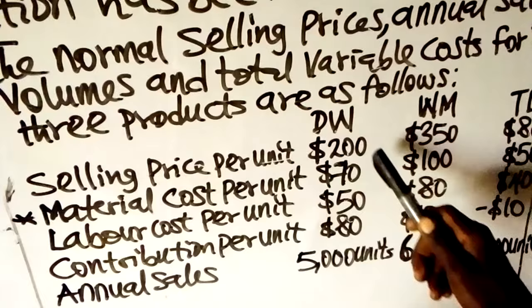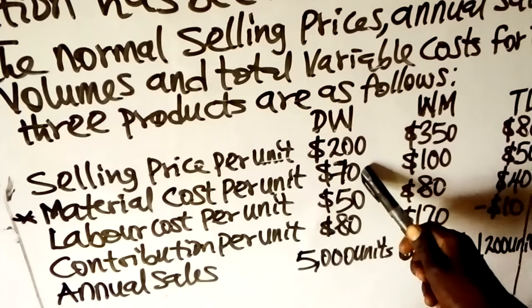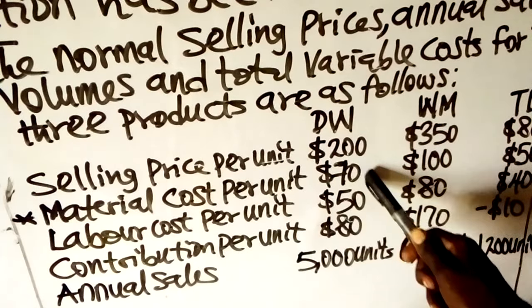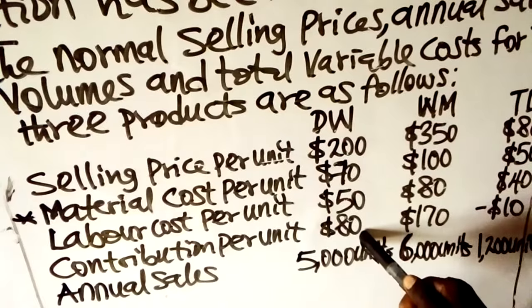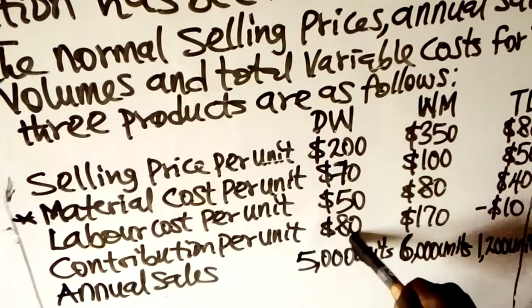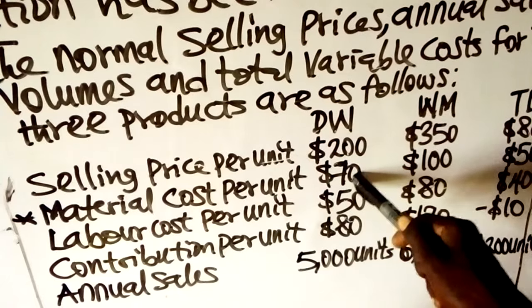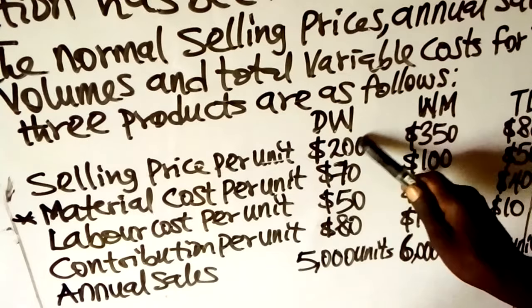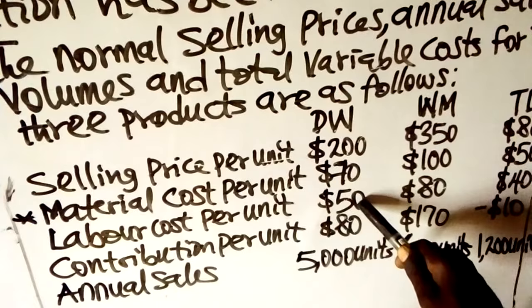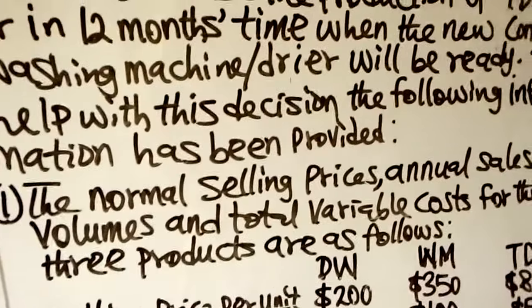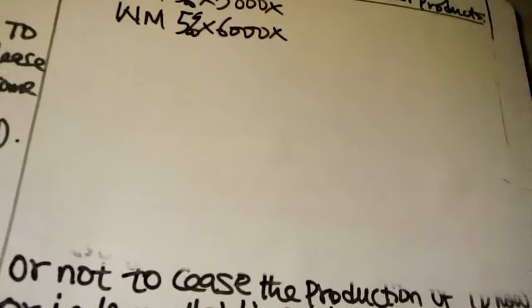If you have 200 minus 70, it will be 130. 130 minus 50, and that will be 80. That's how they got 80. But I'm excluding material now because of the discount. So now I'm going to consider 200 minus 50, and that will be 150. That is for DW.